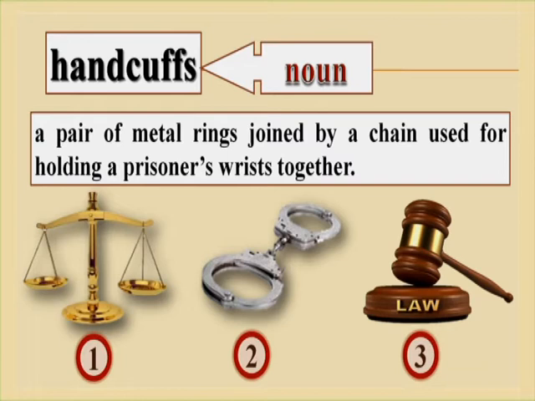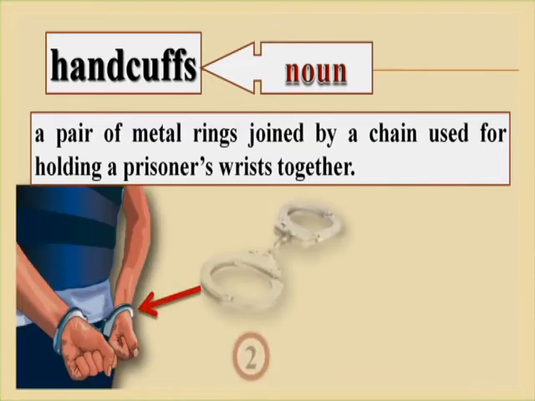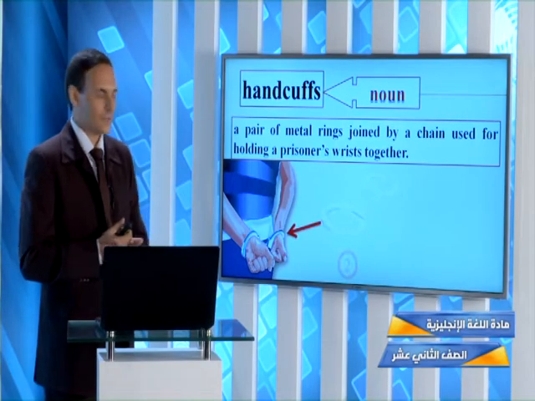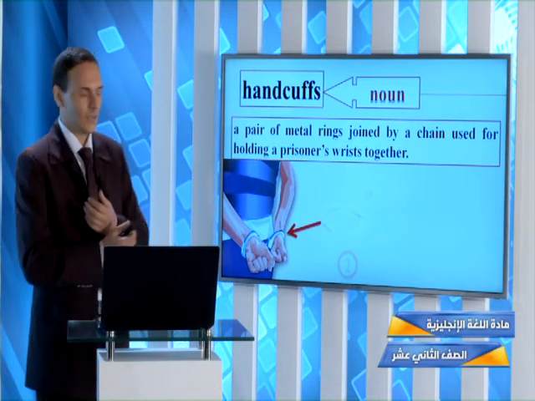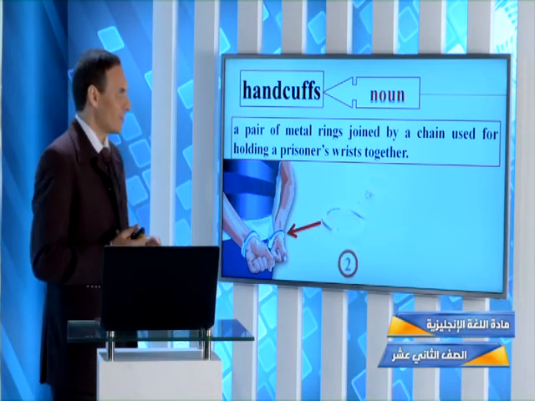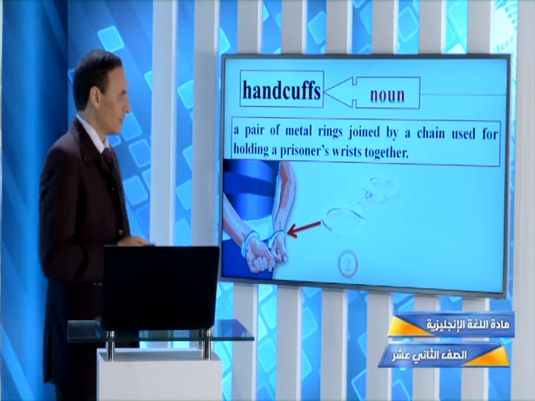Can you find it with reference to the definition given? Well, it's picture number 2. Remember, the word handcuffs is defined as a pair of metal rings joined by a chain used for holding a prisoner's wrists together.